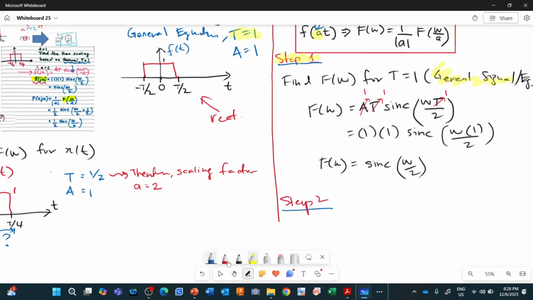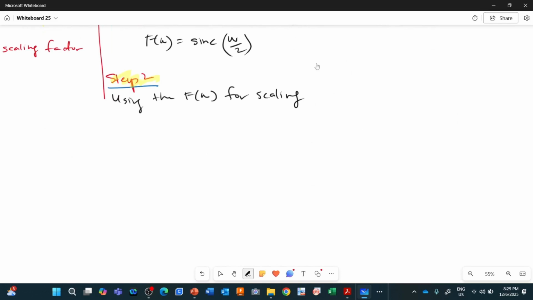Using F omega for the scaling property, find X omega.